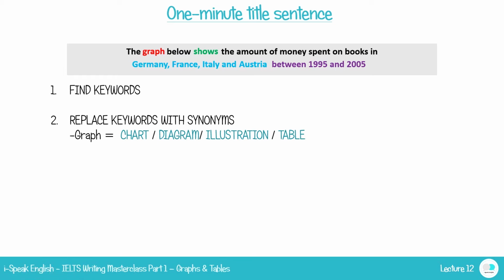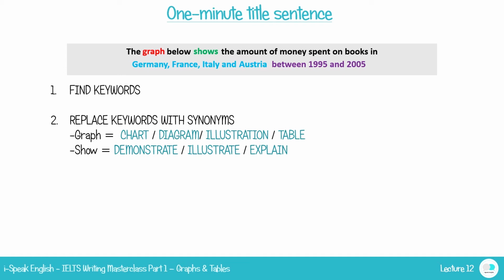Table you can only use if you have a table, or you can replace table for chart, diagram or graph. If you have a line graph or a bar chart, for example, you cannot say table, but you can say all of these other words. Show, you can use demonstrate, illustrate or explain.